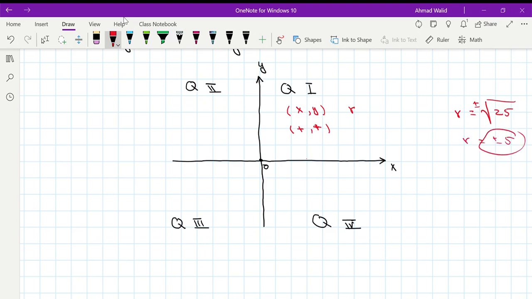But which number do you use, positive 5 or negative 5? I told you, you always use positive. Why? Because the distance is always positive. Distance cannot be negative. It means that in all 4 quadrants, your r is positive.